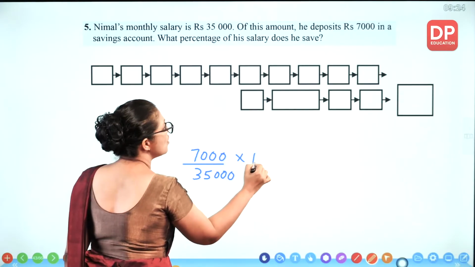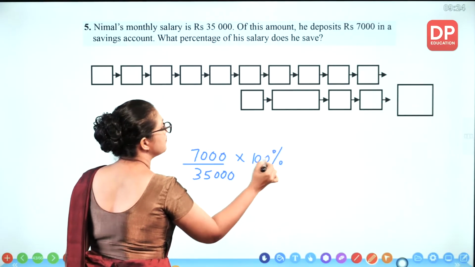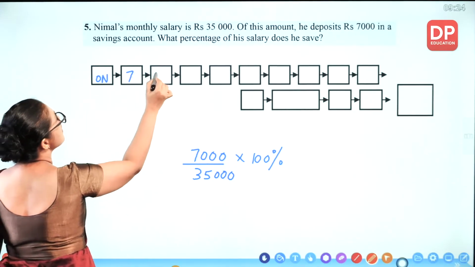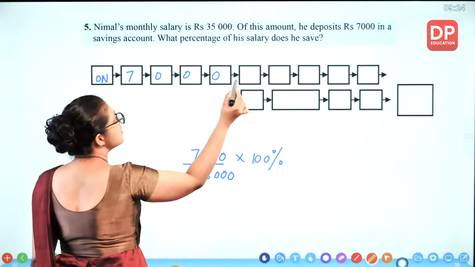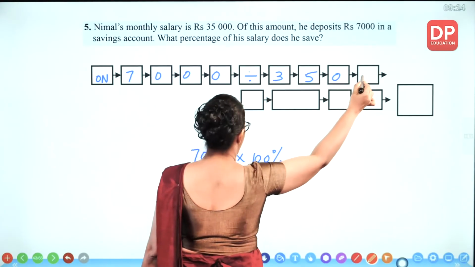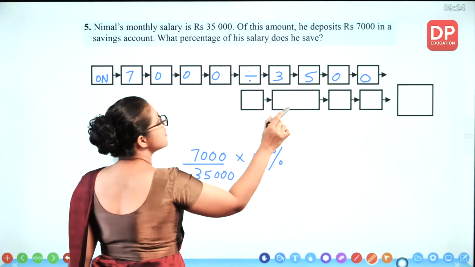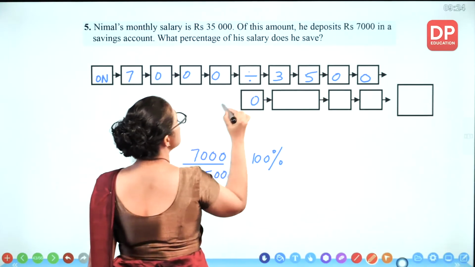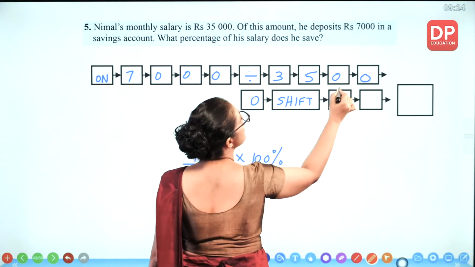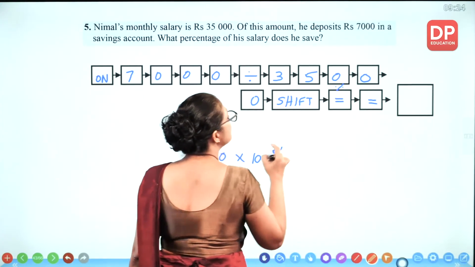So you have to take the percentage sign. So switch on the calculator. 7,000 divide by 35,000 and the percentage sign. Shift with equal sign.